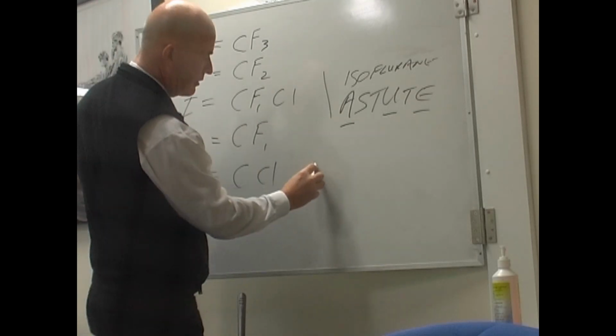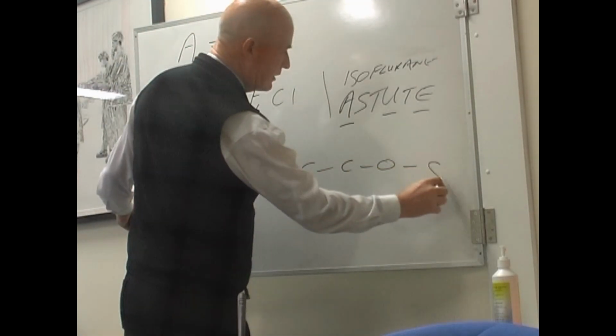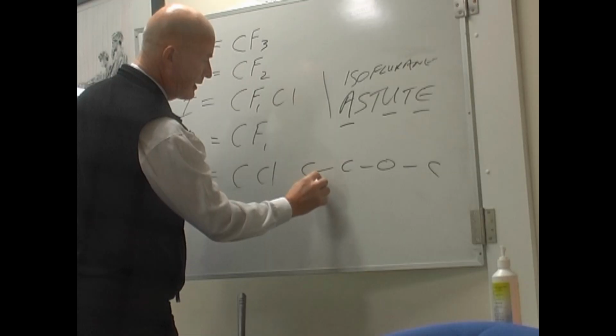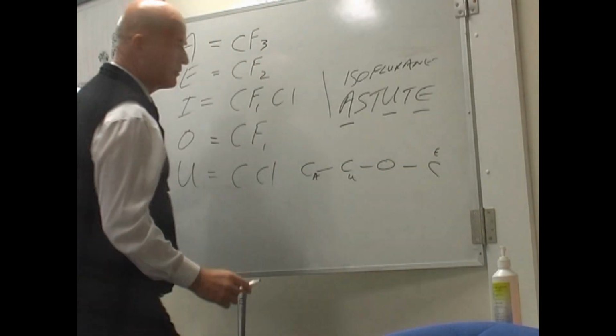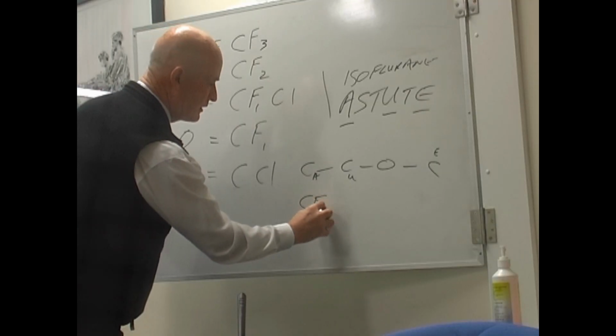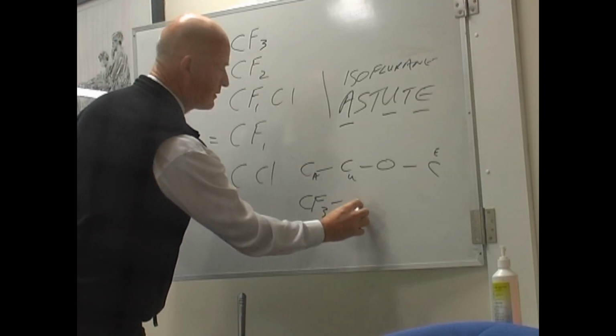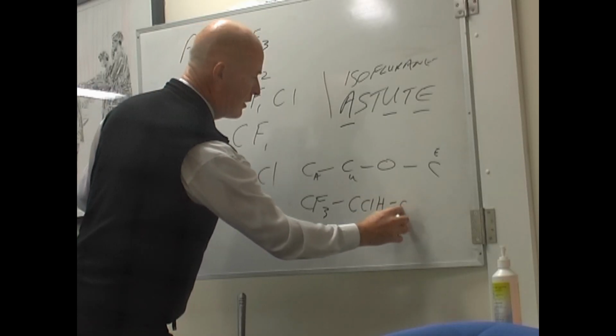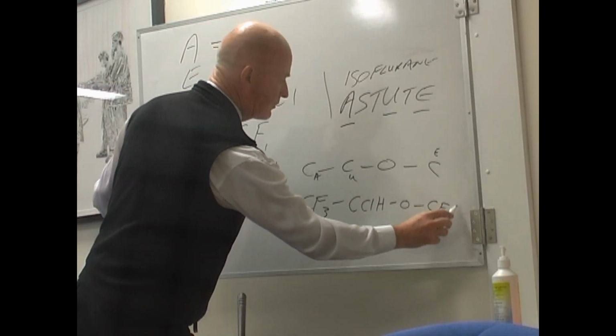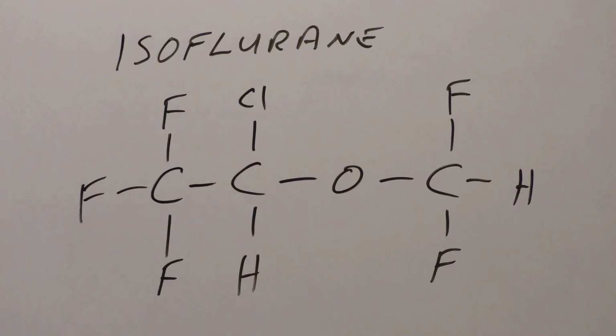So again, ethyl to methyl, this is the A carbon, this is the U carbon, this is the E carbon. So the structure of isoflurane is CF3, C, Cl with a H, O, and then CF2, H. So that's the structure for isoflurane.